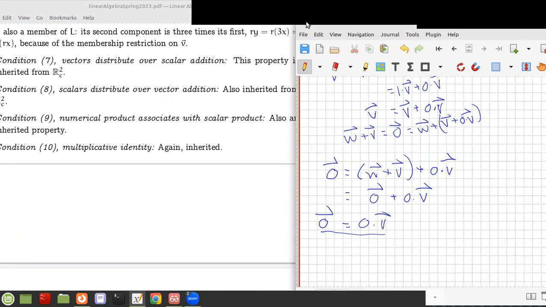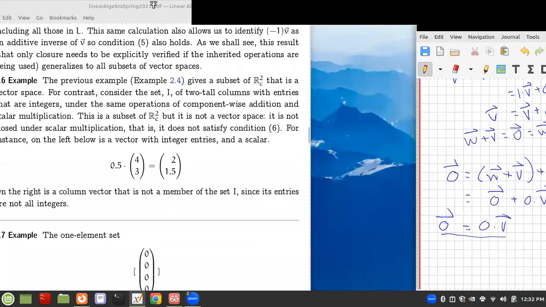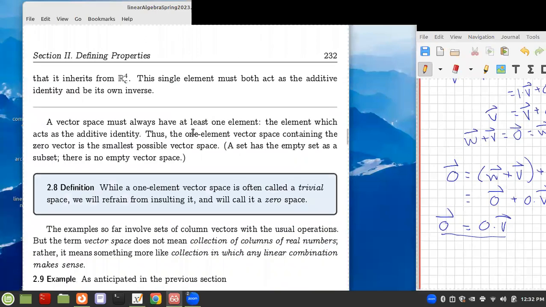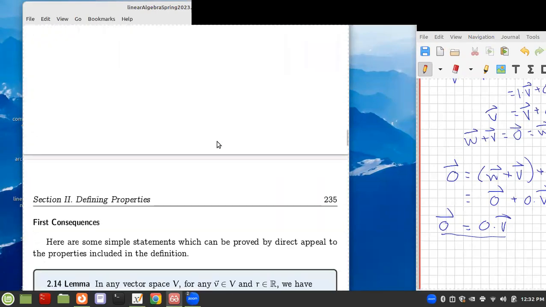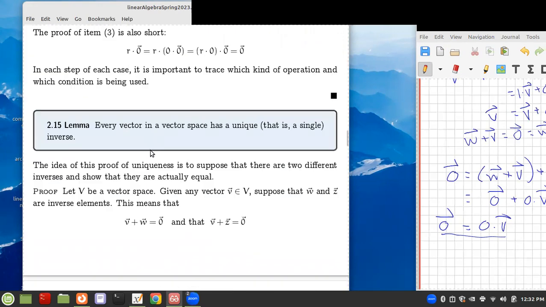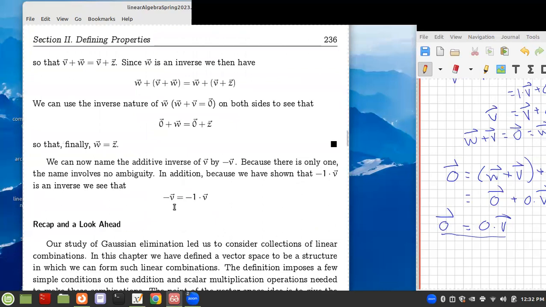So you have these first consequences. And also every vector has a unique inverse. Given the fact that there's not going to be more than 2, there's just going to be one of them. And since you know it's minus 1 times the vector, you've got a handle on the inverse.